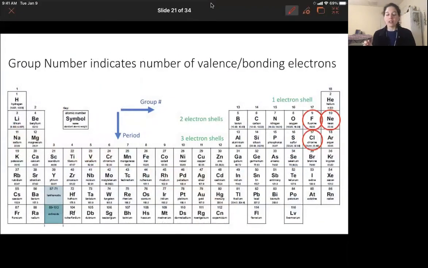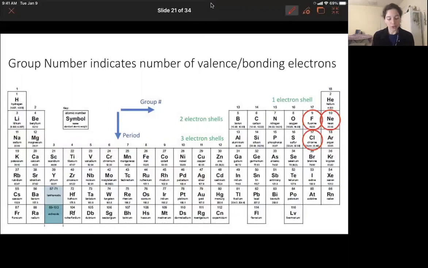Okay, let's take a look at another trend that we observe in the periodic table. You'll notice that the periodic table has all of your elements lined up in rows, and they're that way for a reason. They aren't there randomly. These are put there systematically.